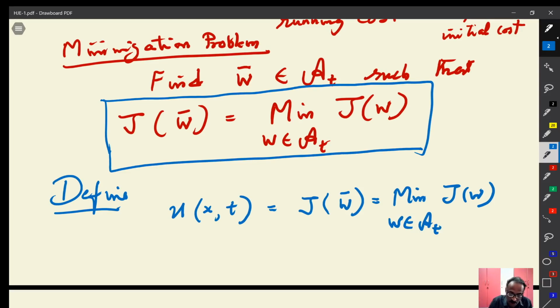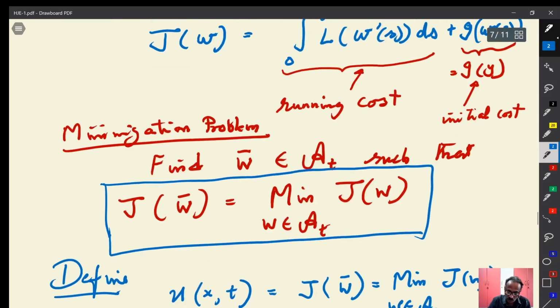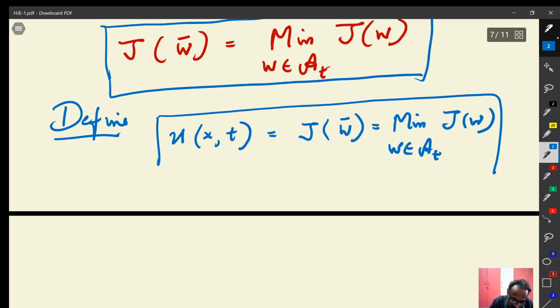These are all the issues. We started with an L, which is a Lagrangian, a minimizing cost, and you will see some specific examples of this L later. At least two to three examples, which you are probably familiar with from calculus of variations. We are trying to give it in a slightly general setup. So this is your u(x,t).